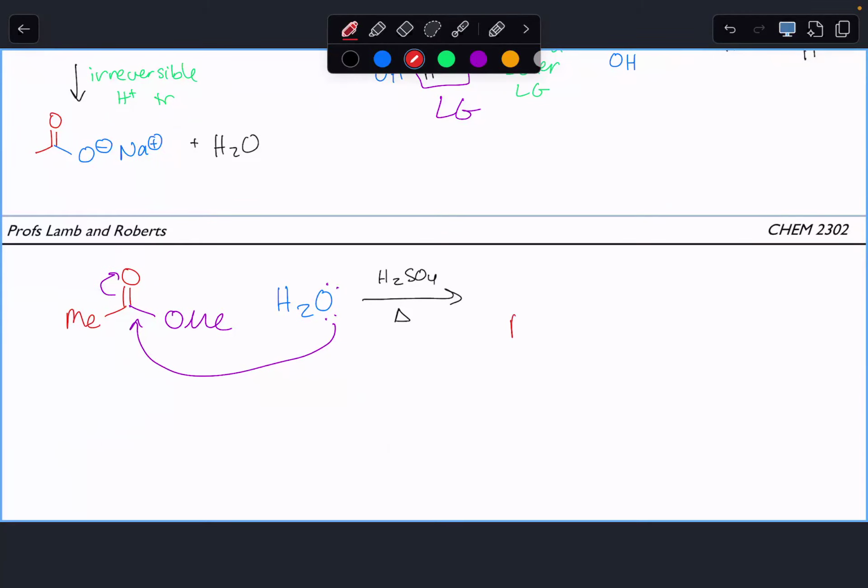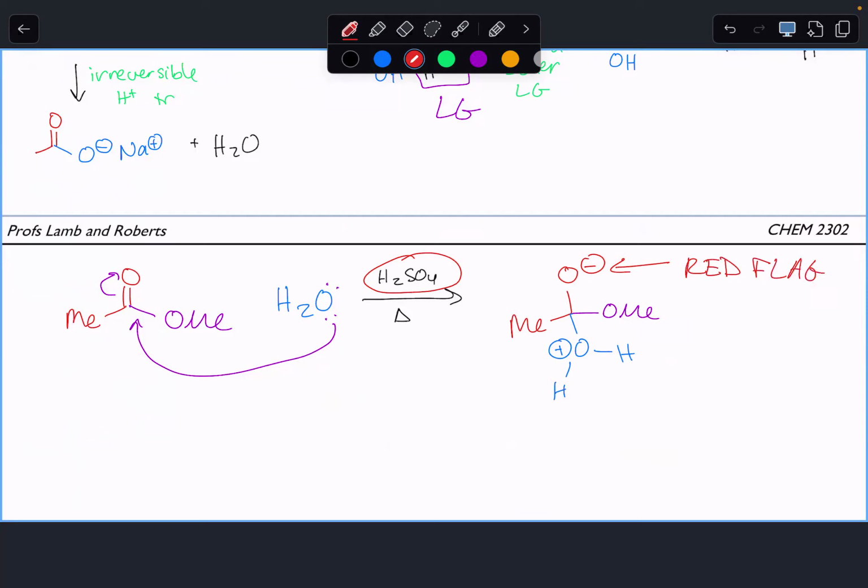And then you draw out what you would get from that. So you would get a tetrahedral intermediate that looks like this. But this is where you need to recognize, hey, I have a negative charge right here. We're in strongly acidic media. This should be a big red flag.